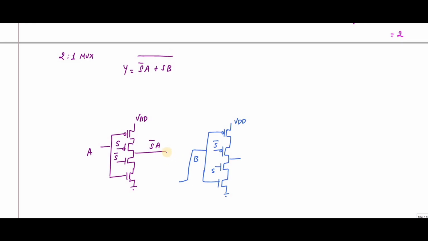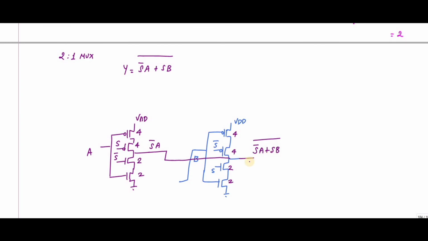I need to add this, so I need to connect this output with this output. So these two are in parallel now. What is this value? This is nothing but the whole bar of S bar A plus SB. If I want to size this one, this is nothing but 2, 2, and this one is 4, 4.